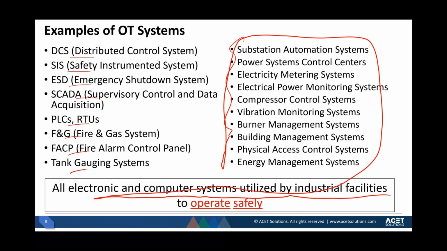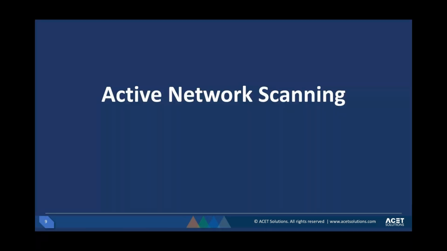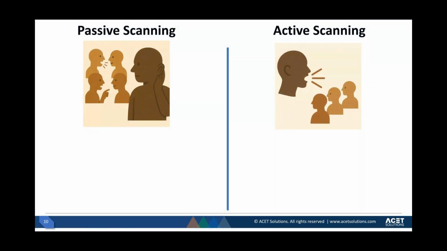All right, now that we are hopefully aligned on what OT systems are, let's talk a little bit about active network scanning, what exactly it is. Simply put, passive scanning is when you're eavesdropping. You can see this funny looking guy, thanks to ChatGPT.